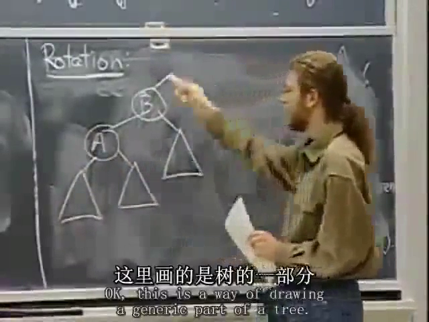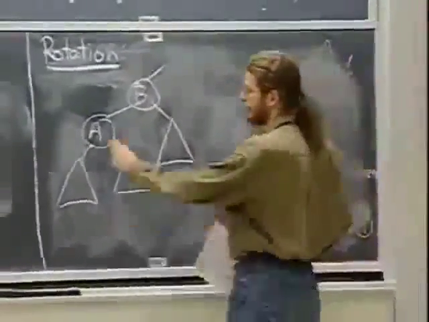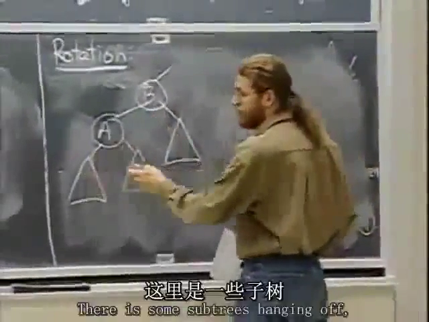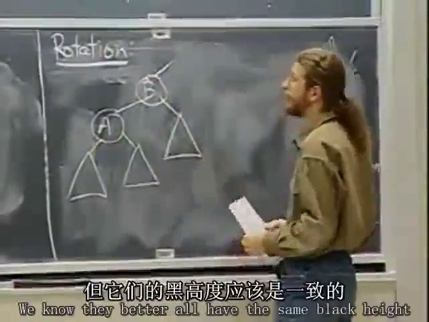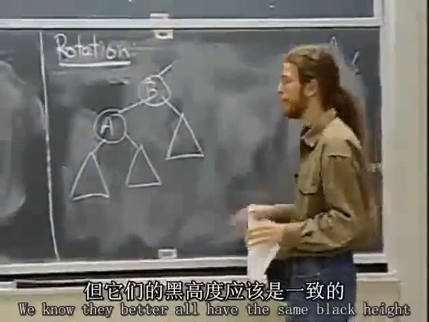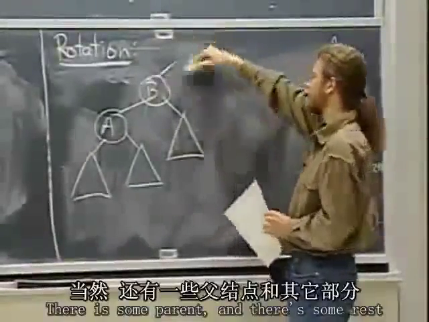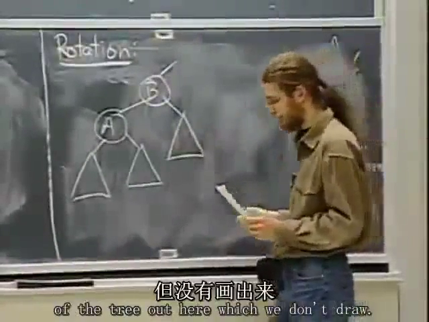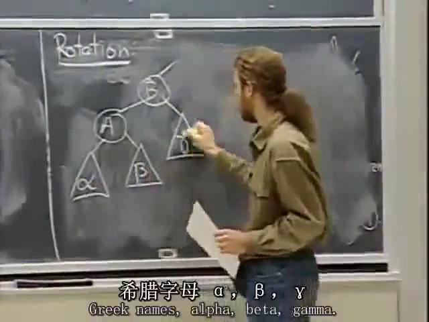Okay, this is a way of drawing a generic part of a tree. We have 2 nodes A and B. There's some subtrees hanging off, which we draw as triangles. We don't know how big they are. We know they better all have the same black height if it's a red-black tree. But in general, it just looks like this. There's some parent and there's some rest of the tree out here, which we don't draw. I'll give these subtrees names, Greek names, alpha, beta, gamma.